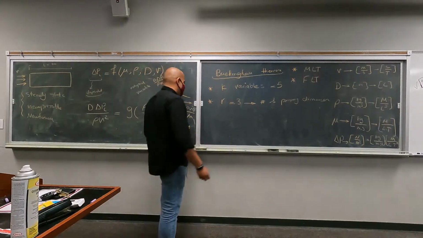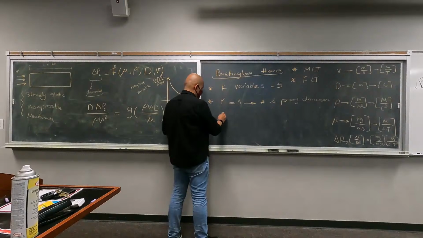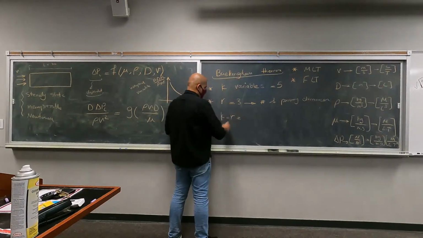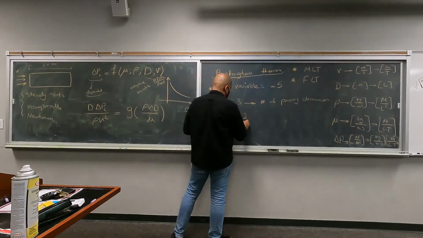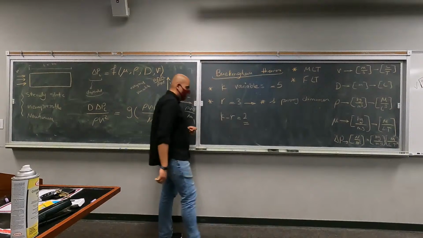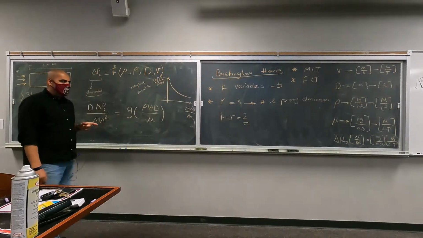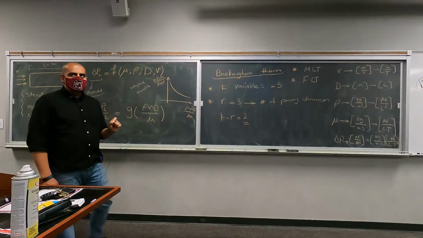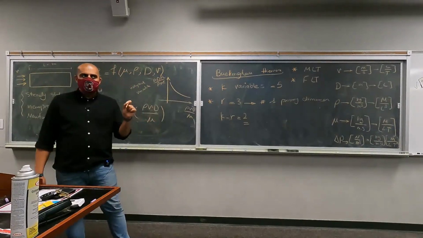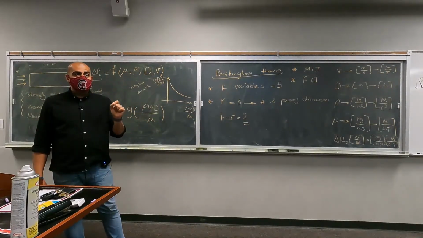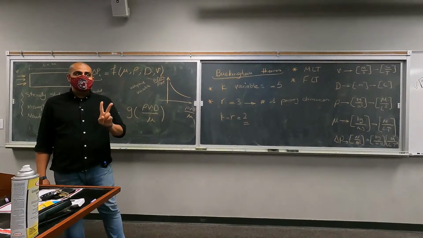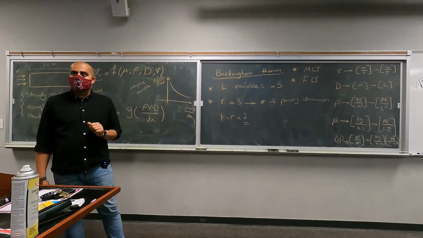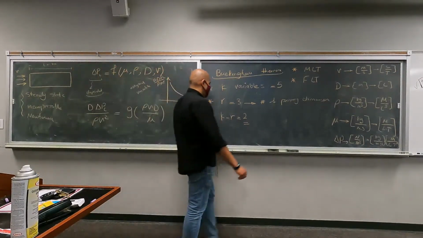And then you subtract the 2 from each other. K minus R is going to give you 2. All right. This 2 is telling us that we can simplify this problem to be represented by only 2 new parameters. Okay? That's it.